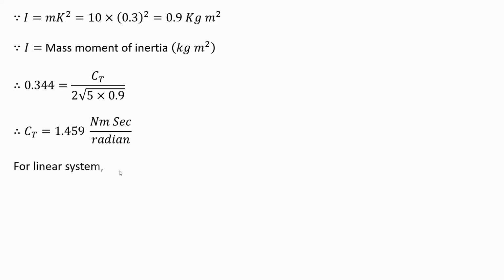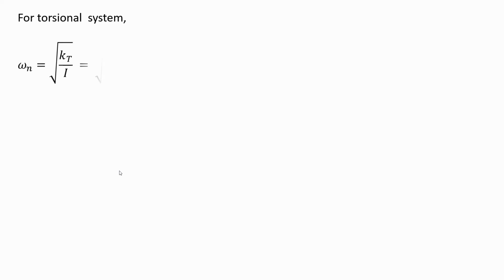Now again for linear system we are having omega n is equal to square root of k by m. Then for torsional system it will be square root of Kt upon I. So Kt is 5 and I is 0.9. So you'll get the natural frequency for torsional system as 2.357.